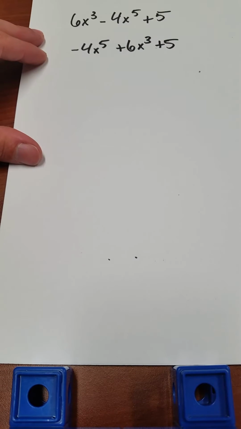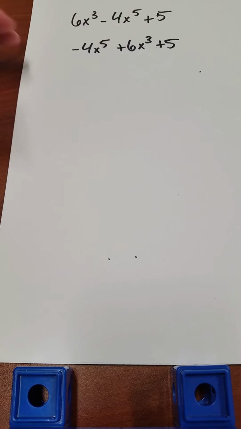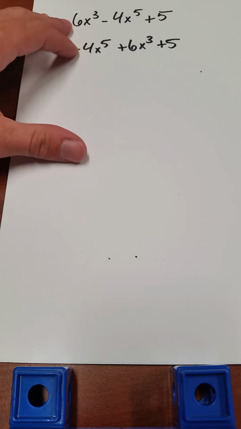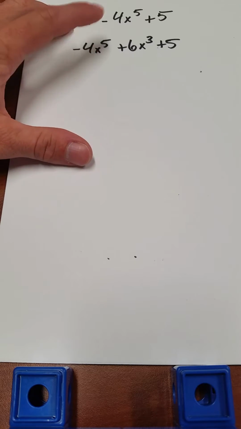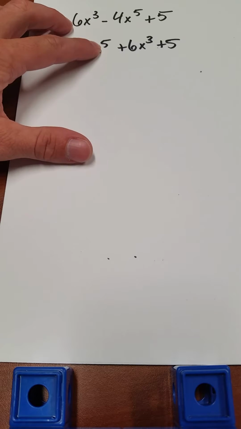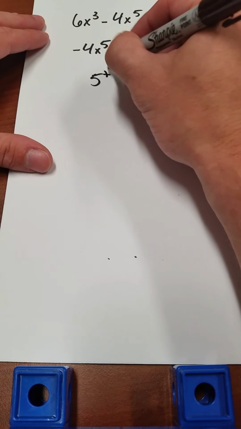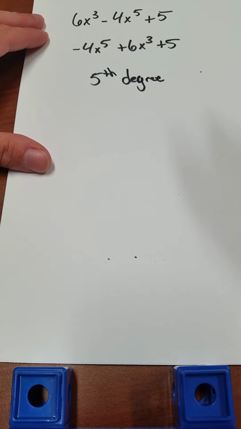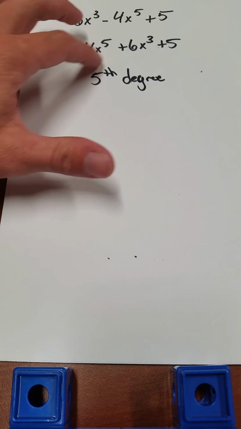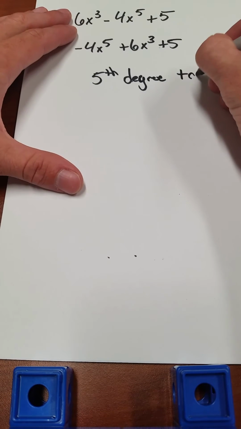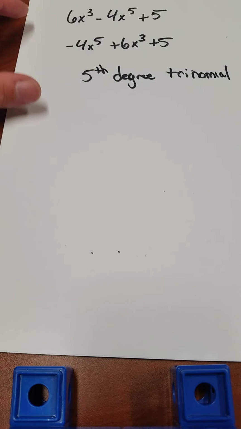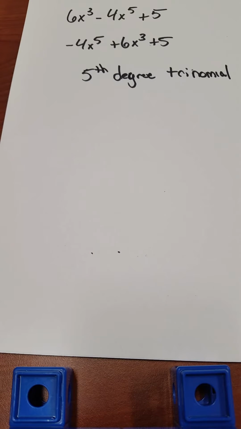That is standard form. Now that we're in standard form, we can name it. Well, we name it by the degree first. The degree is 5. We don't care about the numbers in the front. We're looking at the highest exponent. The highest exponent is 5, so this is a 5th degree. Now name it on the number of terms. 1, 2, 3. Trinomial. So this is a 5th degree trinomial.